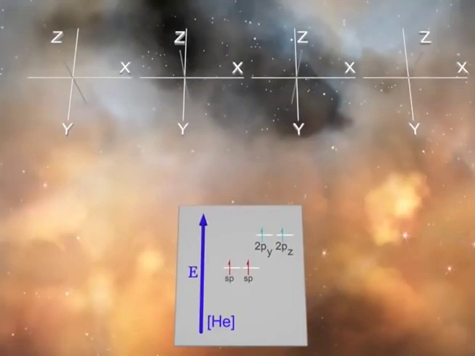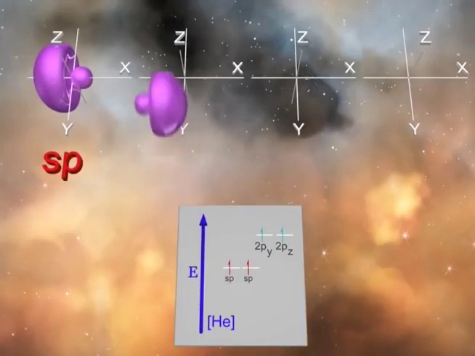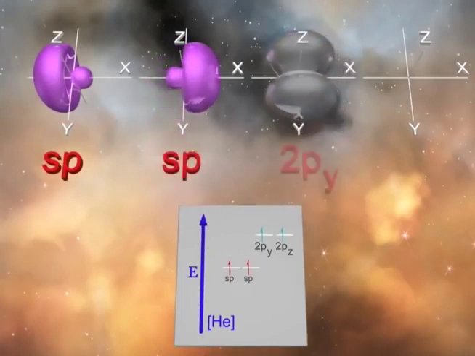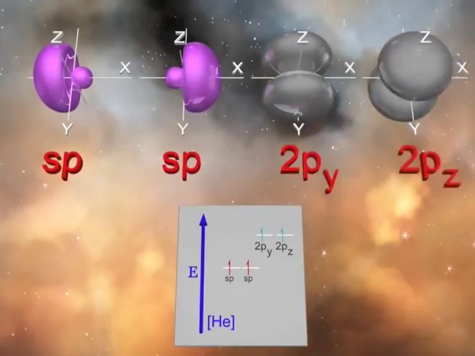The shape of the new sp hybrid orbital is best characterized as 1 part s and 1 part p. As with all orbitals, think of these hybrid orbitals as 3-dimensional shapes where you can find the electron 90% of the time. The sp hybridized carbon now possesses 2 electrons in hybrid orbitals and 2 electrons in the unhybridized 2p orbitals.